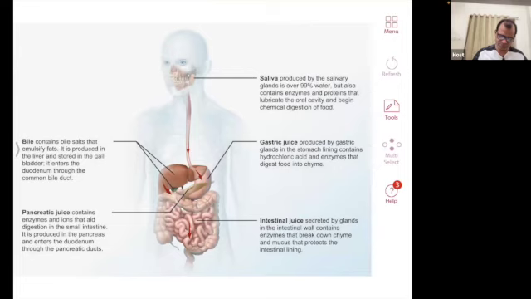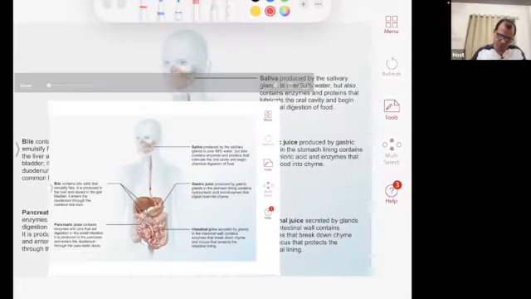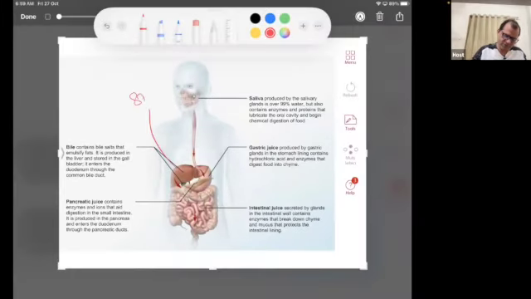We can see here, as per this image, this is the stomach, and we can see this is the jejunum and ileum.